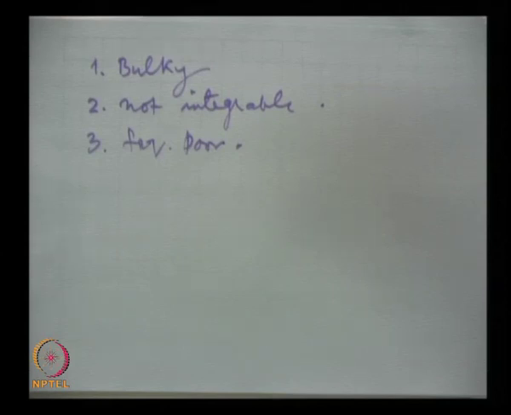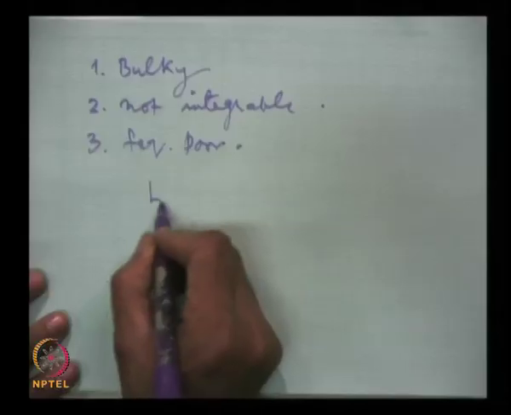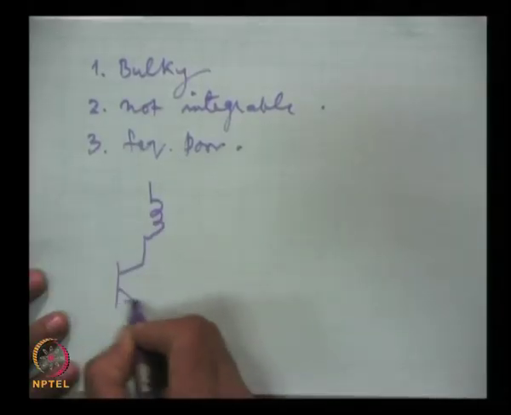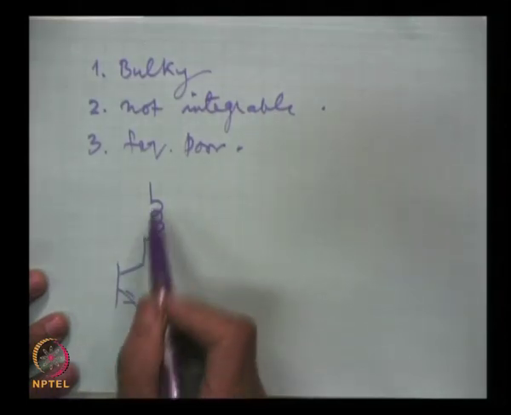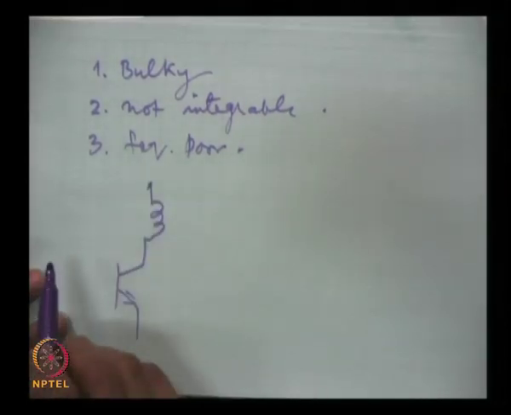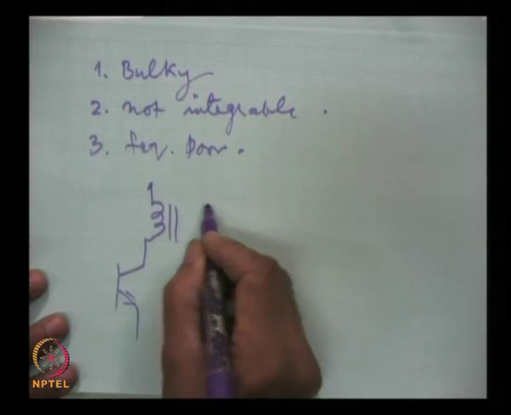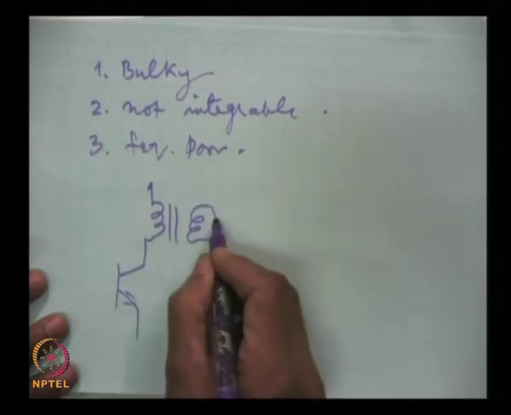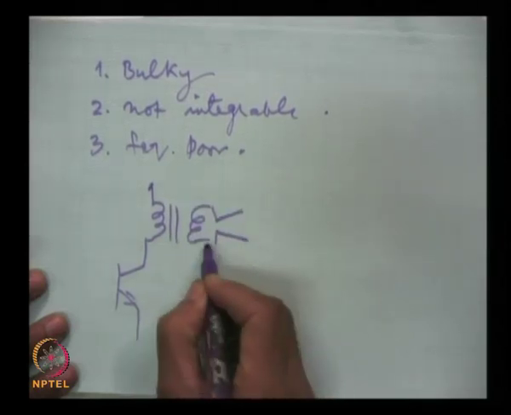For example, often now how the transformer coupling, for example, this is the final stage where this is the primary is connected to the collector, and here directly a load like a speaker is connected.